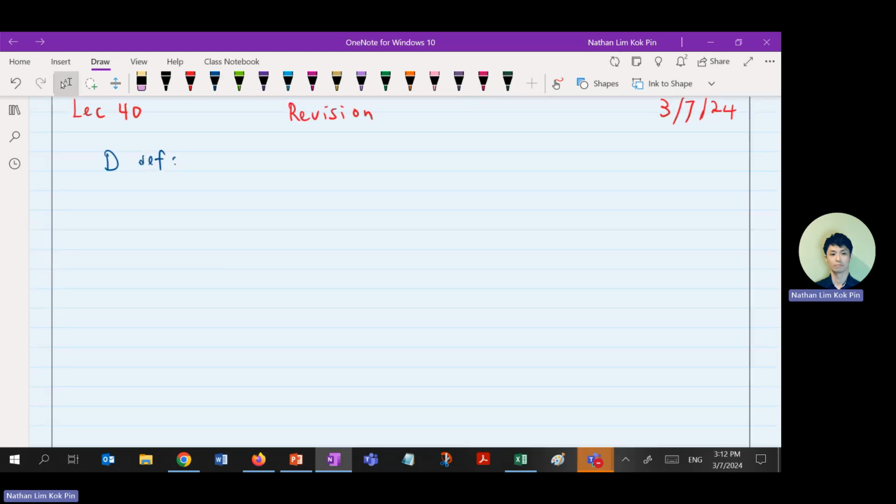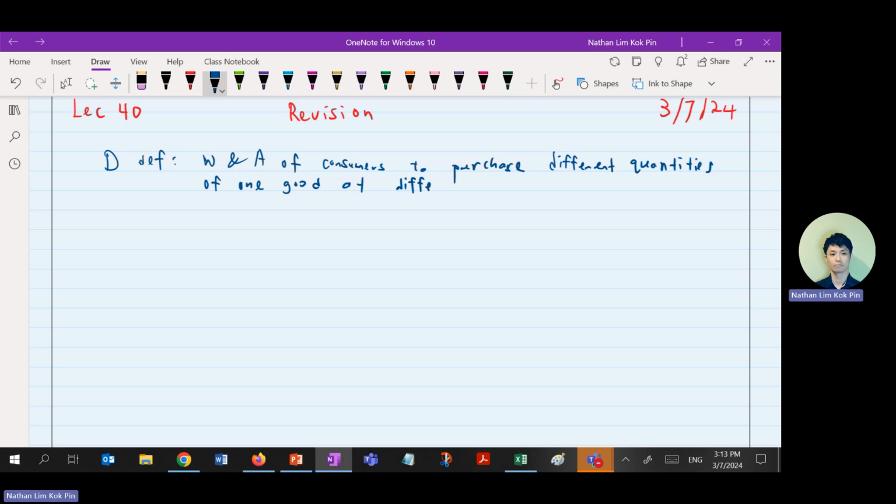It can be defined as willingness and ability of consumers to purchase, okay, different quantity of one good at different prices, right?